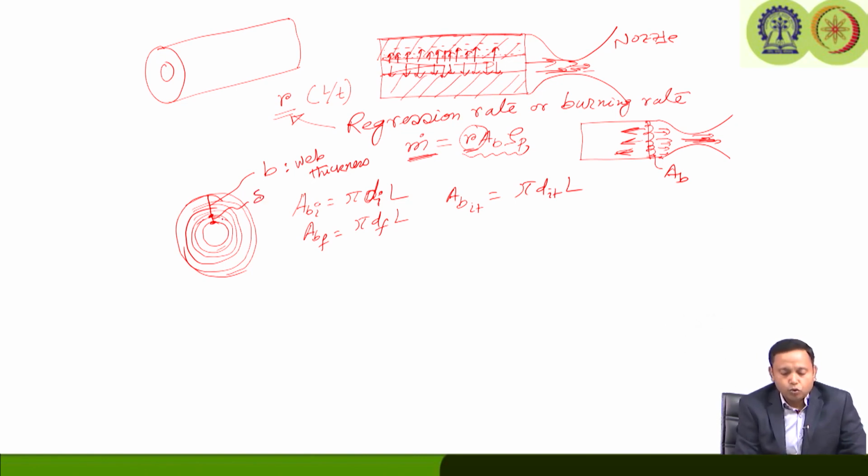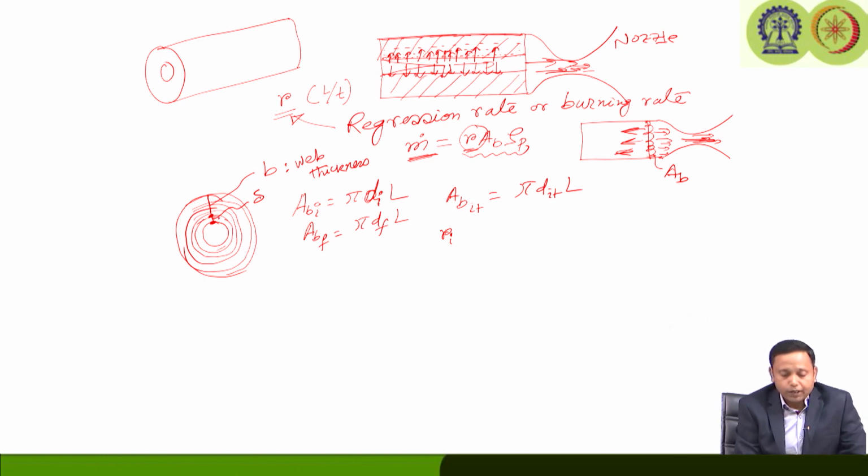So, what we need to know is the average regression rate for these time instances. So, we first find out the value of r_i, the initial burning rate, and for that matter we need to know the time period for that.